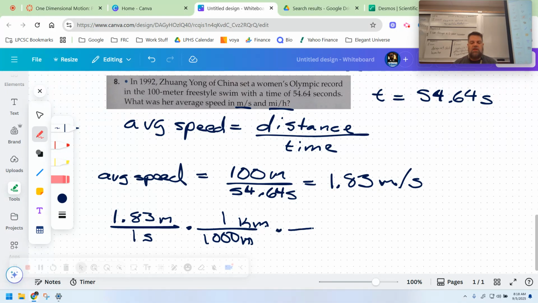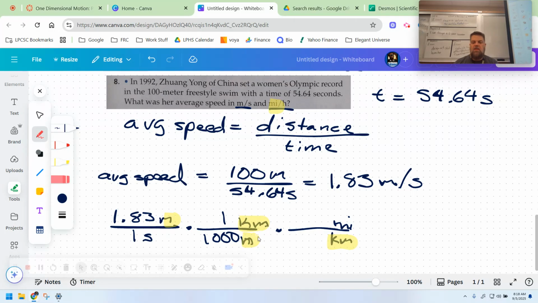We had to do that because the paper I gave you has a relationship between kilometers and miles. I put kilometers on the bottom because remember, our goal is to start canceling things out. Meters will cancel with meters, kilometers will cancel with kilometers, and then I want to have miles at the end, because we need miles per hour.